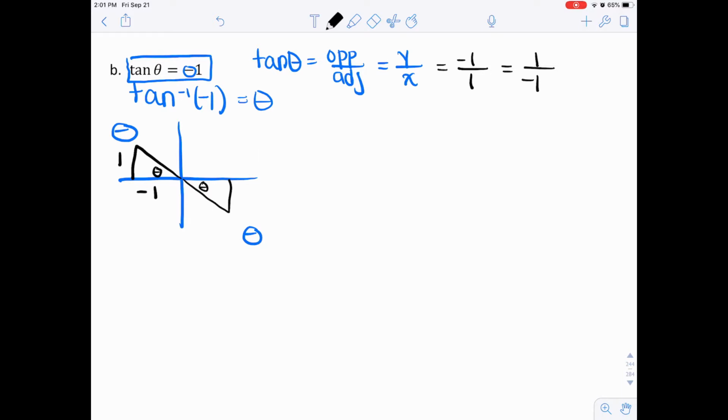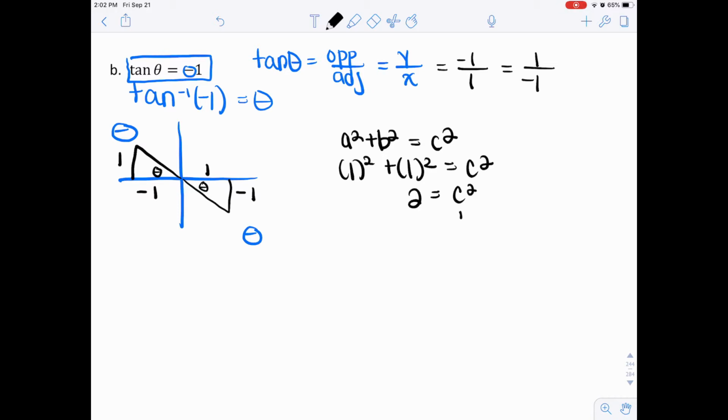And then we can try to draw our triangles. When I'm drawing the triangles, I'm just keeping track of which value is negative based on the quadrant that it's in. You may notice that this is a special triangle. If you don't notice that yet, you can go ahead and apply the Pythagorean theorem to find the length of the hypotenuse, which in this case is square root of 2.